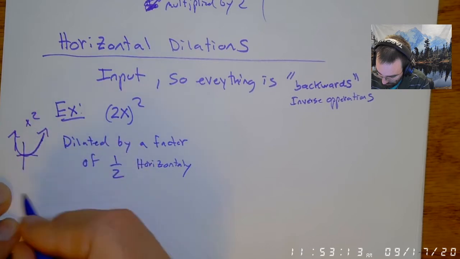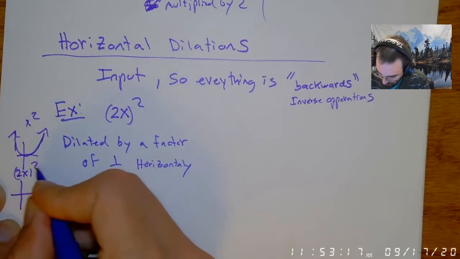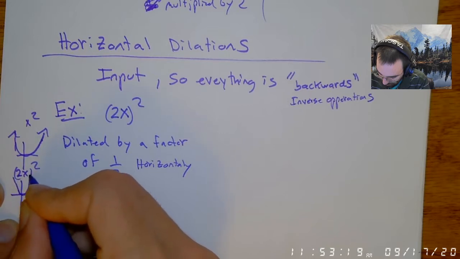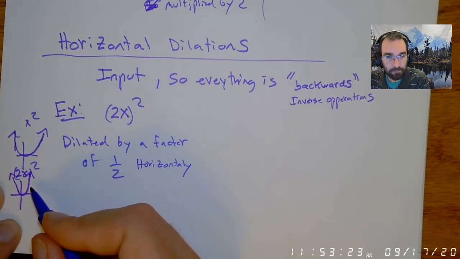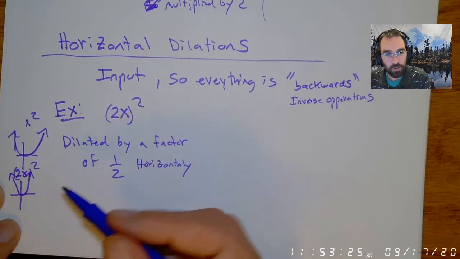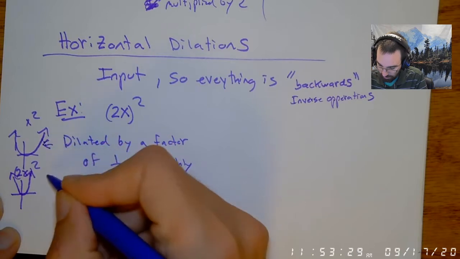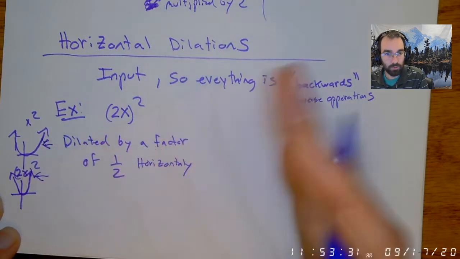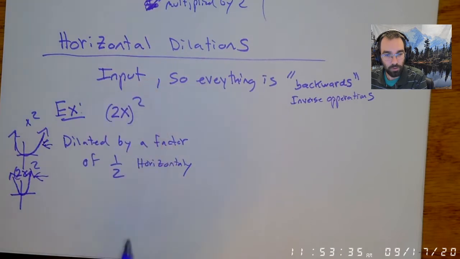So if this was x squared, then 2x quantity squared would be steeper, like that. And you can see here, we're pushing this in, and that's what that horizontal dilation is.